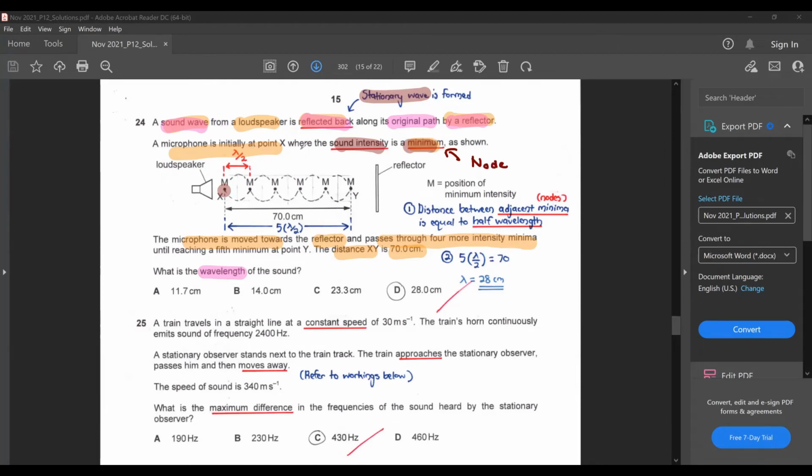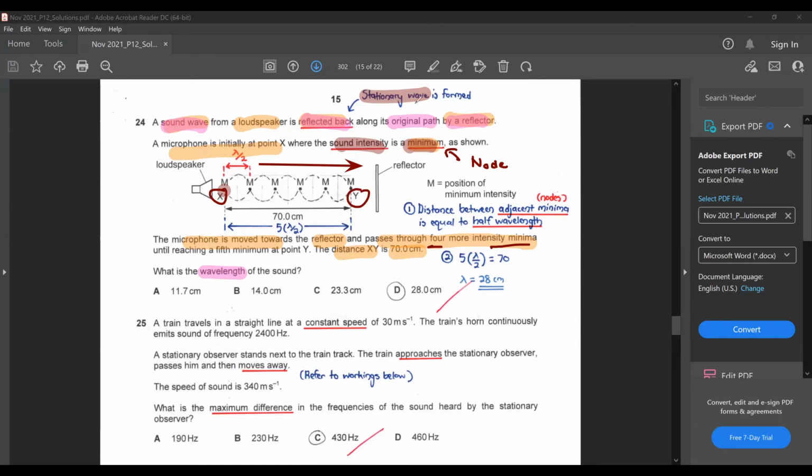Then they tell you that the microphone is moved towards the reflector going in this direction and passes 4 more intensity minima. It passes through 4 more nodes. So what is now the wavelength of the sound, given that between X and Y the distance is 70?